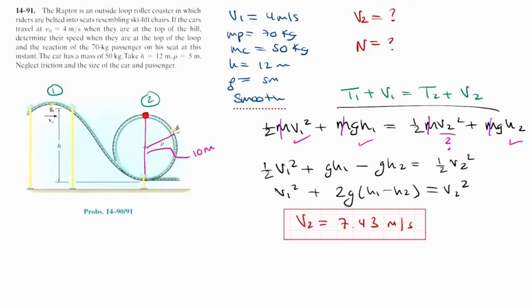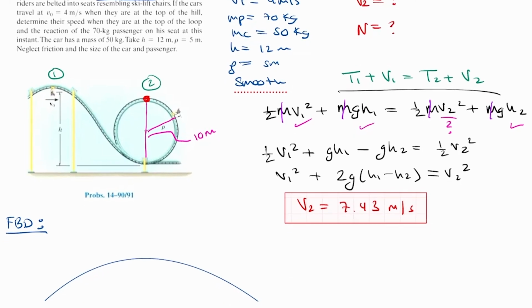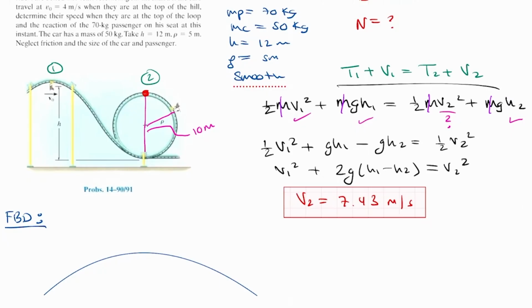So with this information, now we have to figure out the normal force. To do that, we can analyze this a little bit. So let's draw our free body diagram. I'm going to draw it over here. So we have our roller coaster like this, and notice that we have an outside loop roller coaster. That means the car goes on the outside of the loop, not on the inside of the loop.